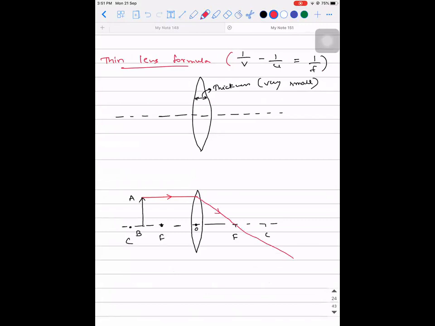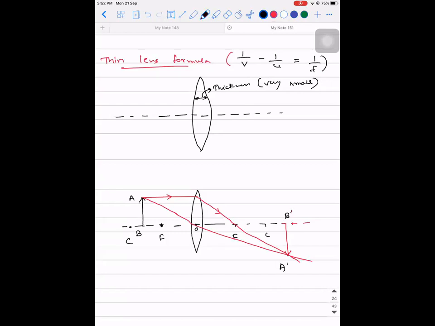Second, the ray which is passing through the optical center goes undeflected. Yes, that's right.